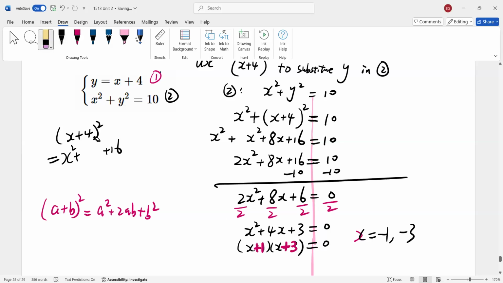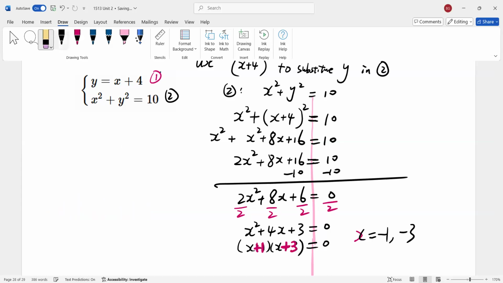And we're not done yet. Now we find the value for y. As the first value, x assumed is negative 3. As x equals negative 3, we plug x equals negative 3 into equation 1, right? It's going to be very convenient.